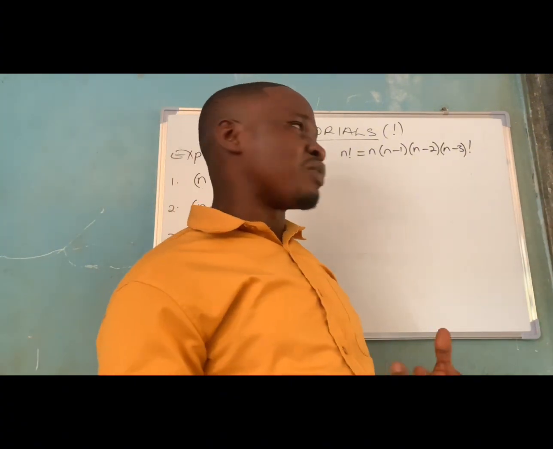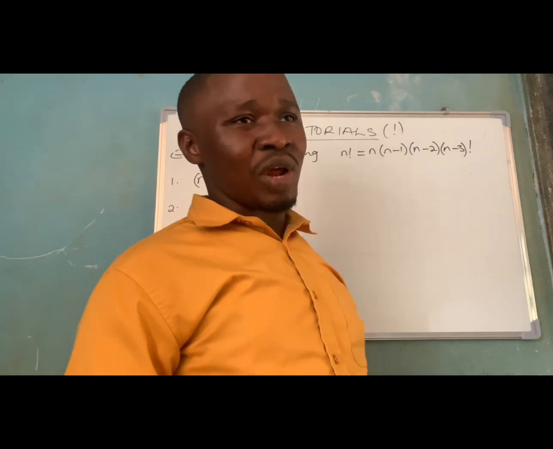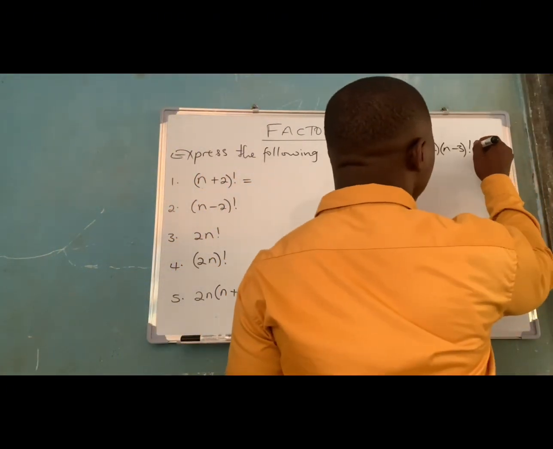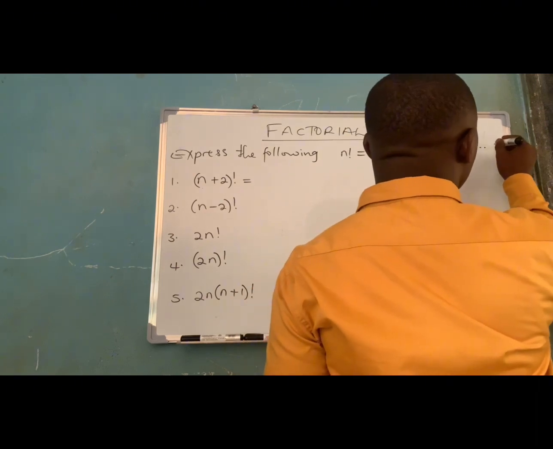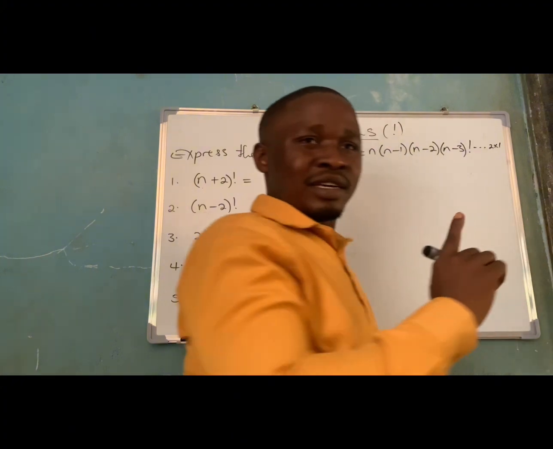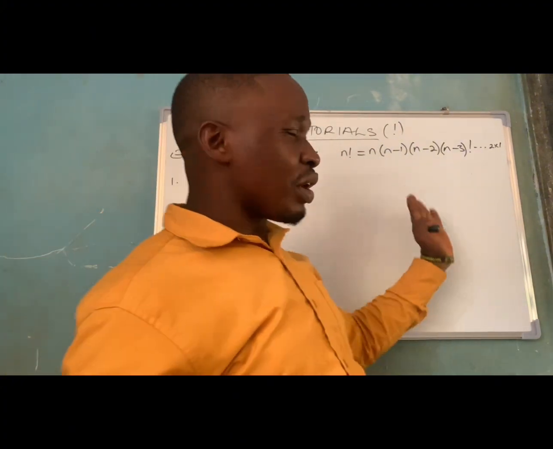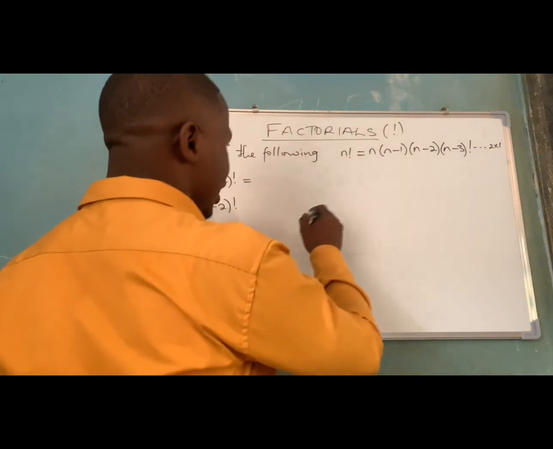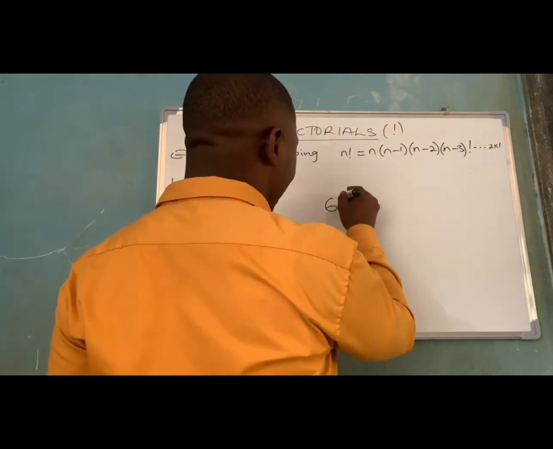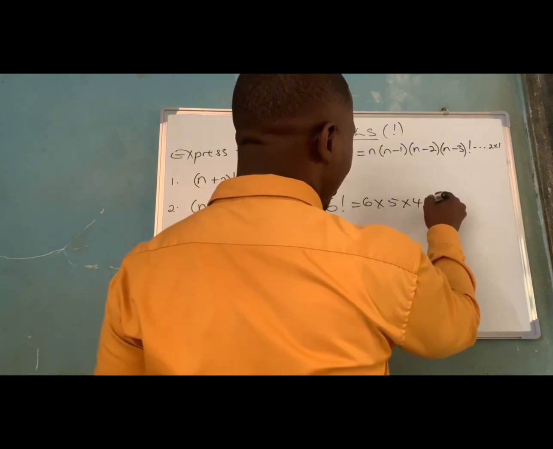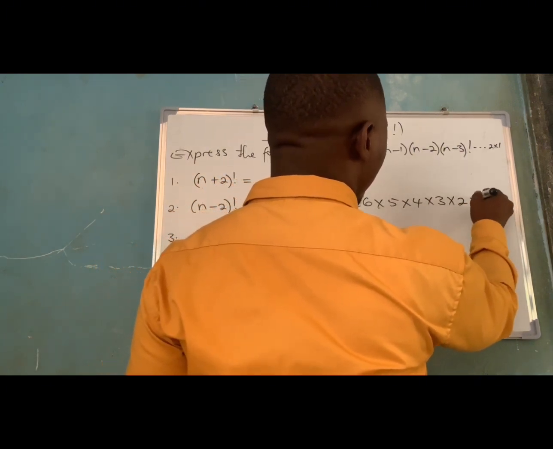But irrespective of where you end this n factorial, according to mathematics, this continues until we have 2 times 1. Mathematically, this ends with 1, simply because if we say 6 factorial, we say 6, 5, 4, 3, 2, 1.